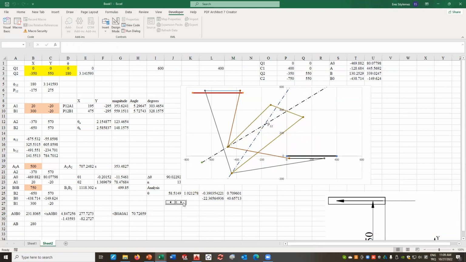Yes. Hmm. I thought I divided it to 20. Oh, sorry, it doesn't work.